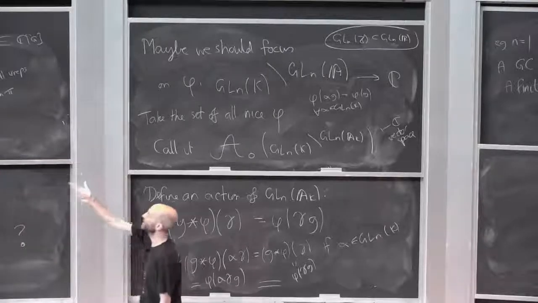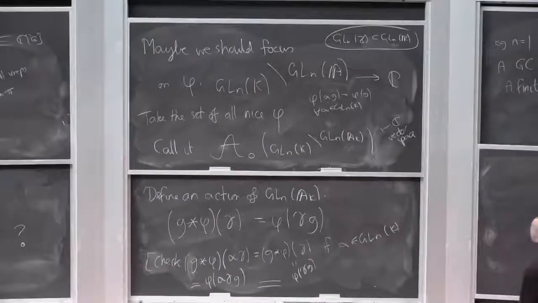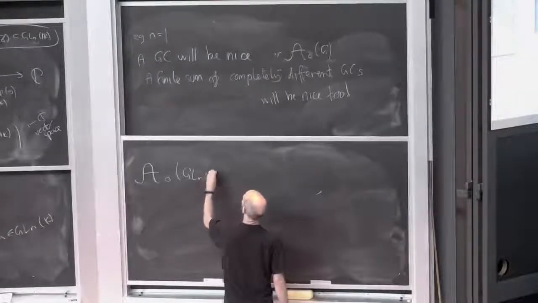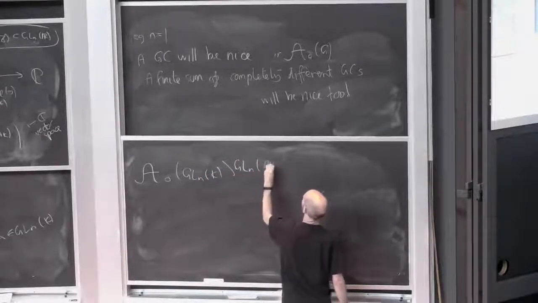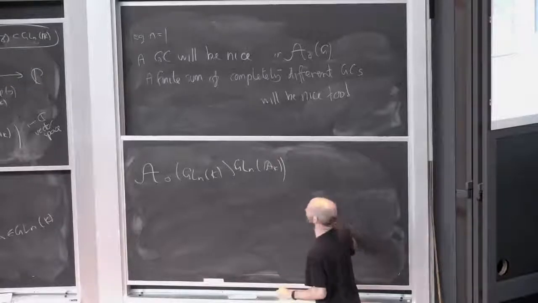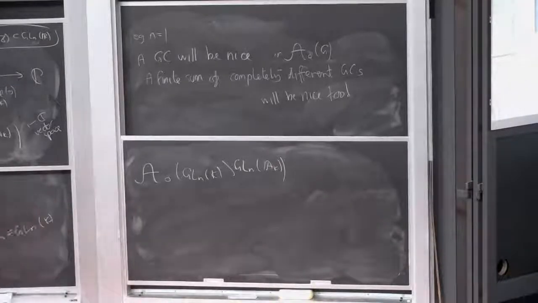If you throw in some random subgroup H, you just get some subset of representations that happen to have survived this kind of coset process, right? So this A0 of GL_N of K over GL_N of O_K, GL_N of A_K, is not going to be irreducible. It's going to be huge, right? Just like C of H over G was just some random collection of representations.